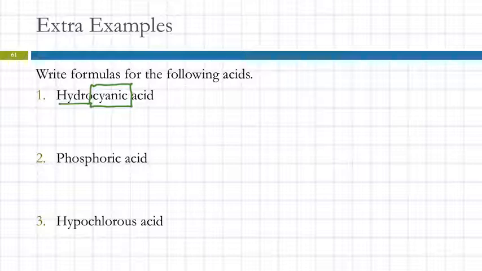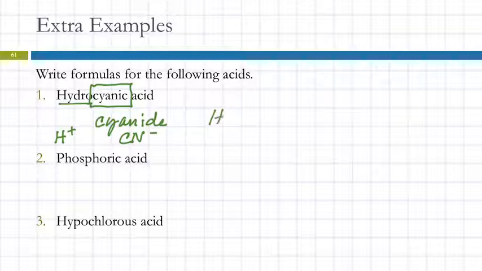Cyanide. Very good. That's not an element, is it? But we know what cyanide is. What's the formula for cyanide? CN minus, right? So hydrocyanic acid is composed of hydrogen ions and cyanide ions. The hydrogen ions are H+. We look at the charges and we see that must be HCN, and we're going to put AQ.